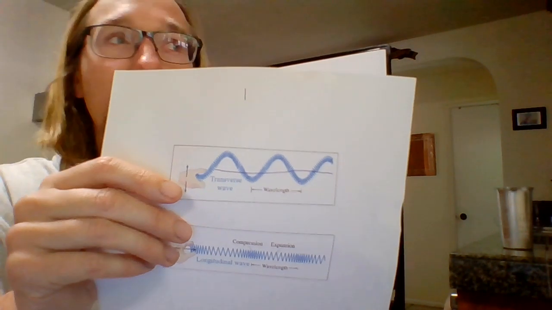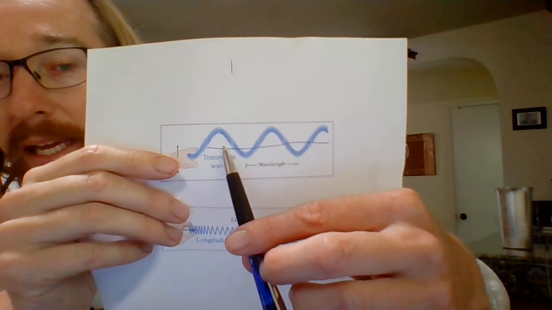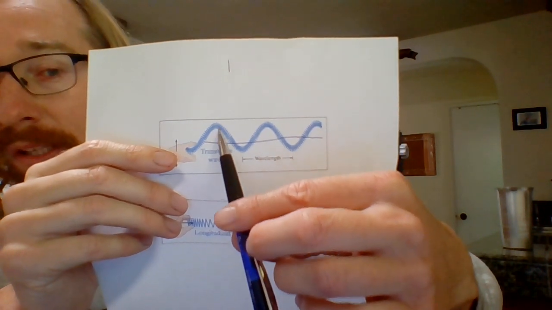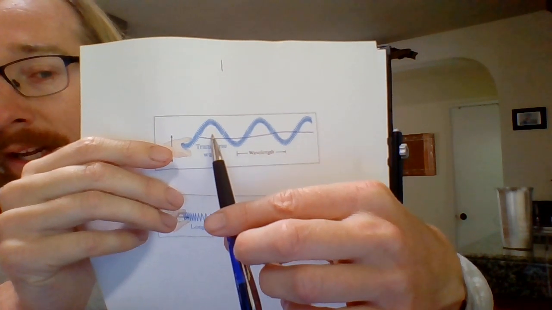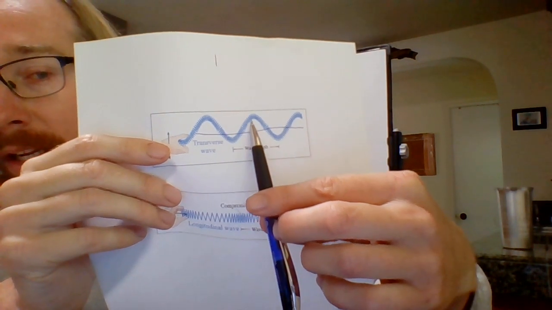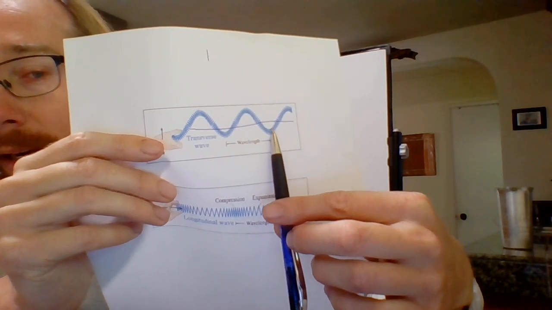And the key thing to remember, even though this isn't perfectly drawn, is that the amplitude represents the furthest distance from the resting point. So where my pen's running along right here, that's the amplitude. There's an amplitude there, there's an amplitude there, there's the amplitude right here.